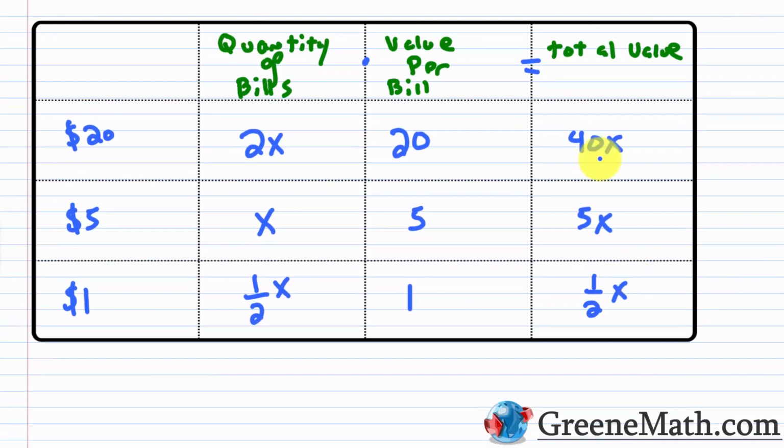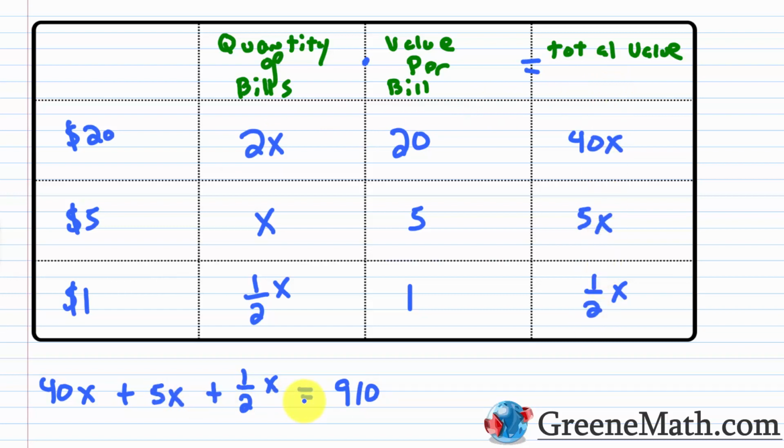I have the total value of the 20s, which is 40X, plus the total value of the 5s, which is 5X, plus the total value of the 1s, which is 1/2 X. And this is equal to, again, the 910, that amount of dollars, which is the total value in her cash register, okay?